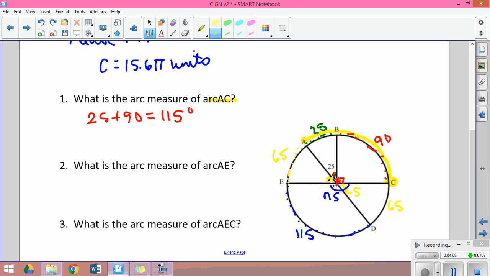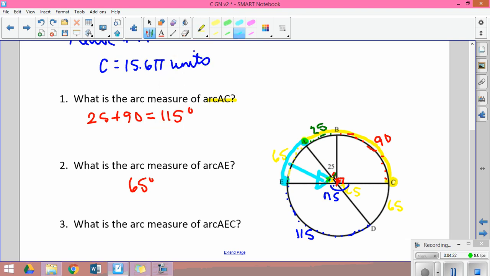If I look at the arc AE, A to E, I calculated that already to be the same as its central angle, and so that arc is 65 degrees.